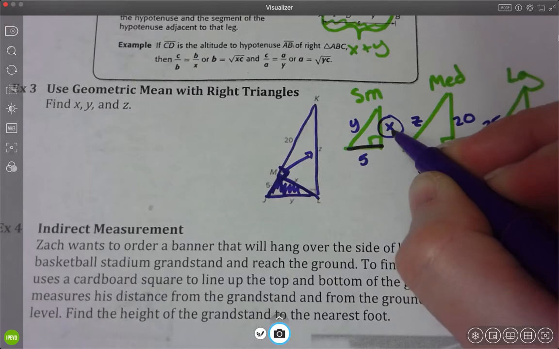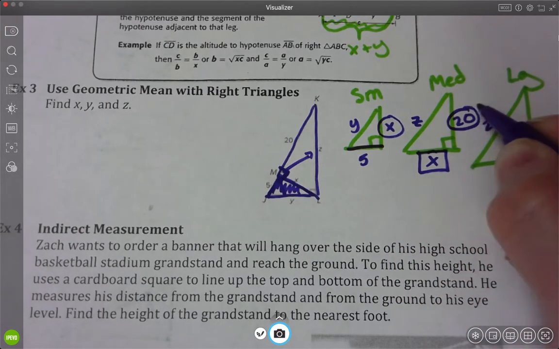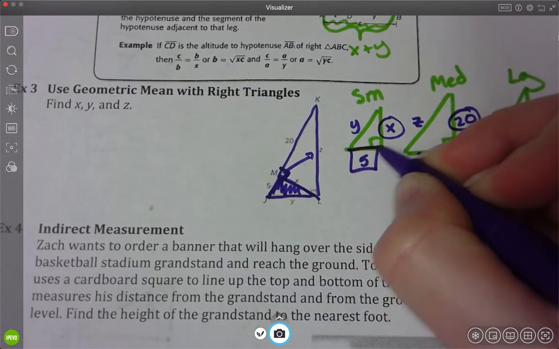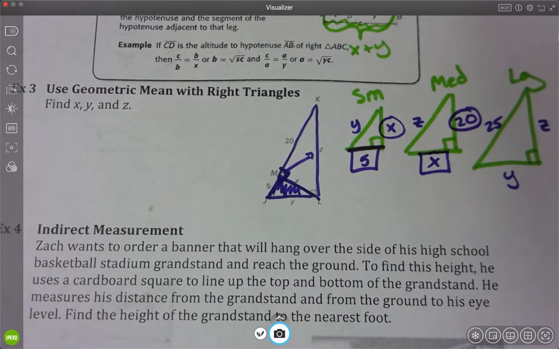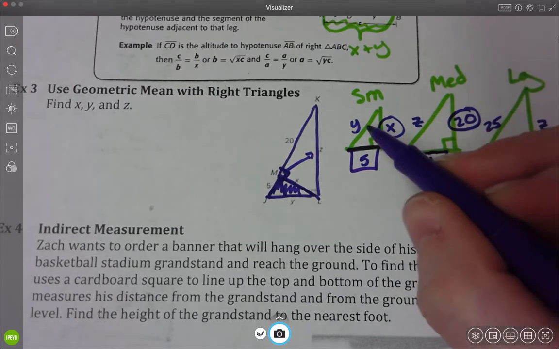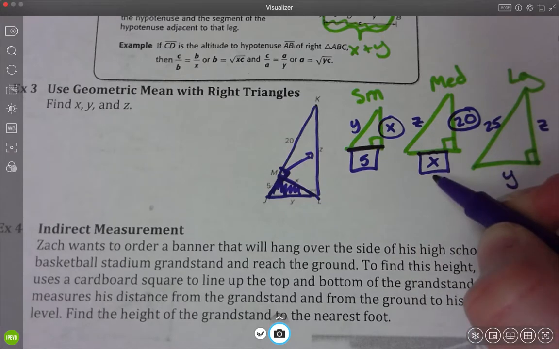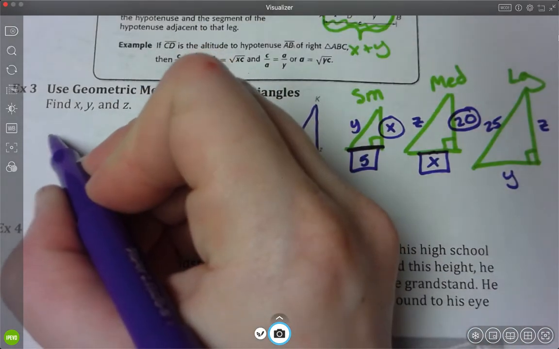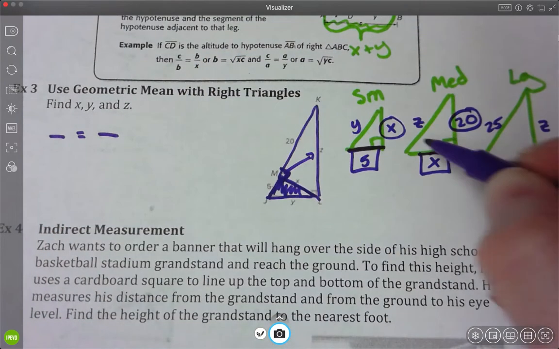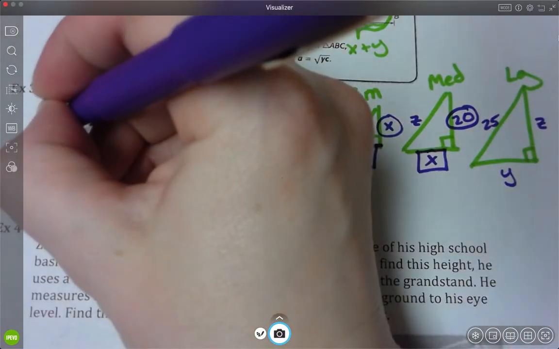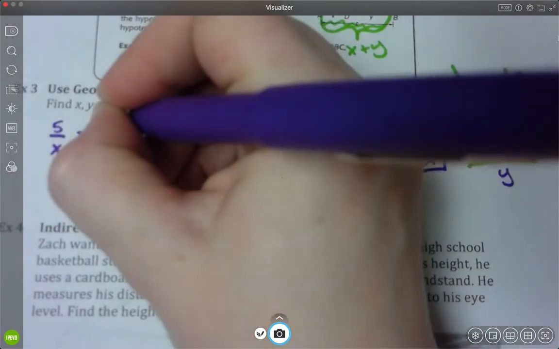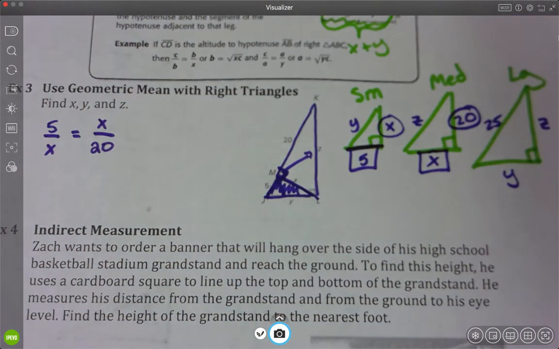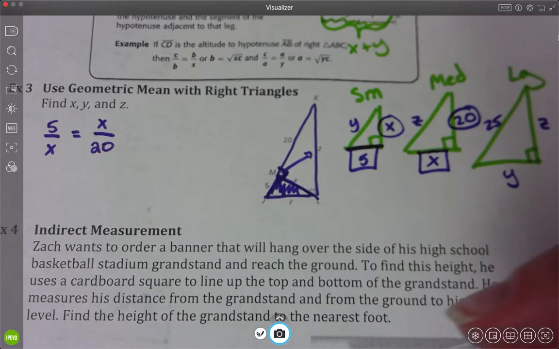X in this case for the medium triangle is going to compare to 20, and 5 is going to compare to this X, right? Okay, so I'm comparing small and medium, bottom side, right side, right side. Okay, so I can set that up as a proportion. Let's see if we run into any problems here. Okay, so I could go 5 over X, and I could go X over 20. Okay, now this proportion is kind of like a geometric mean problem.